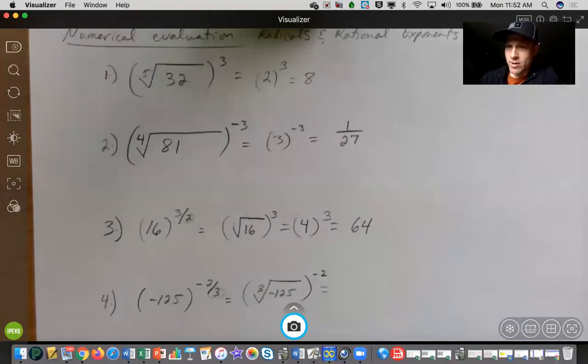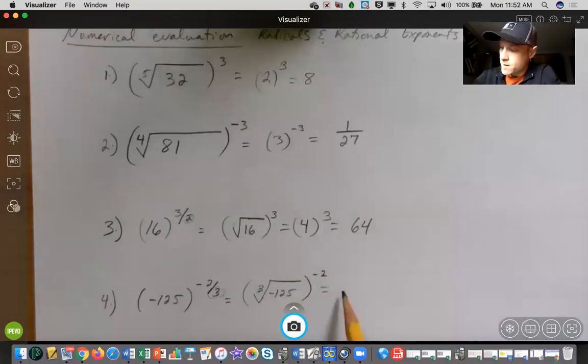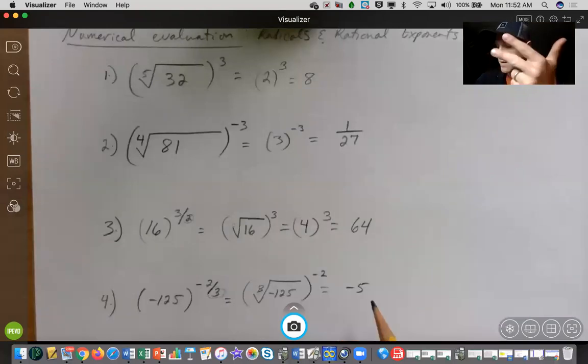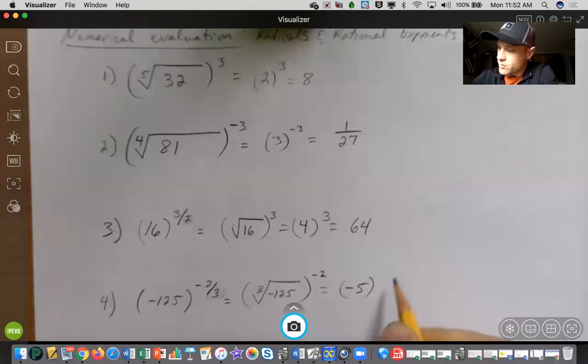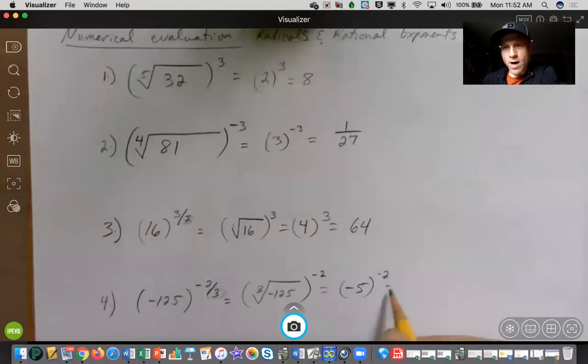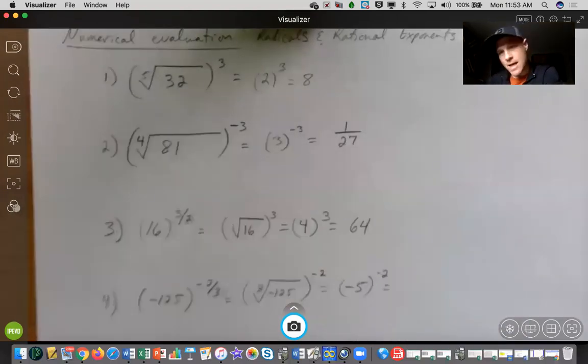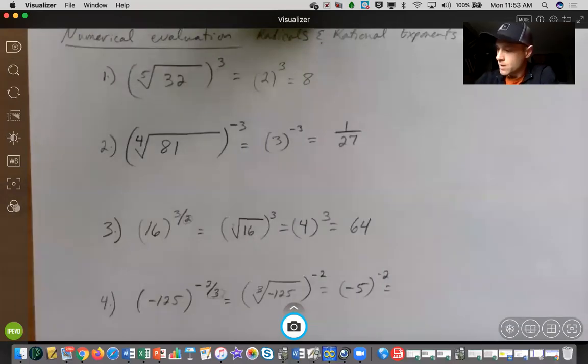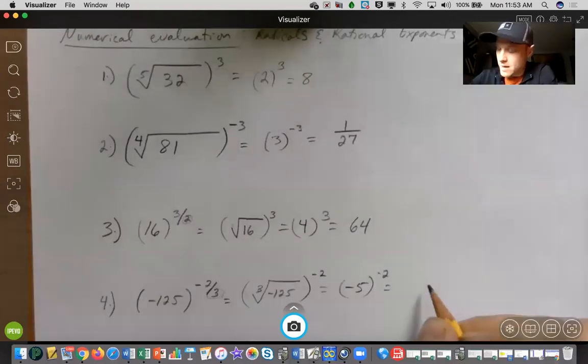But the fact that it's an odd amount of factors means we can actually get an answer here. It's going to be a negative 5. Negative 5 times negative 5 times negative 5 is negative 125. Still raised to the negative 2, which means we're going to square 5, but put it in the denominator. It's the reciprocal power. So the square of negative 5 is a positive 25 in the denominator.